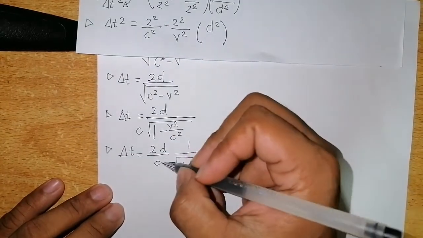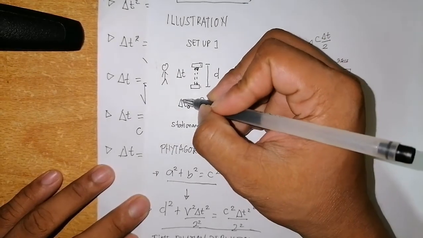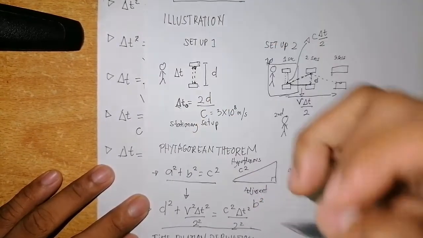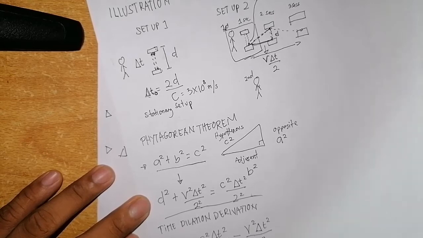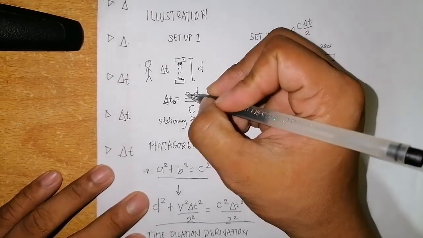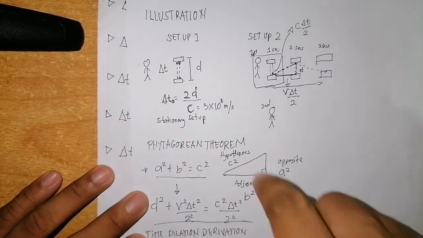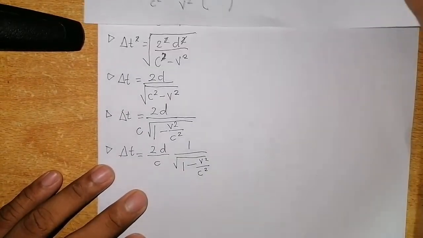So it only implies that this can be defined as change in time, or the delta time is equal to 2d over c. That's the thing that happens on the other paper.